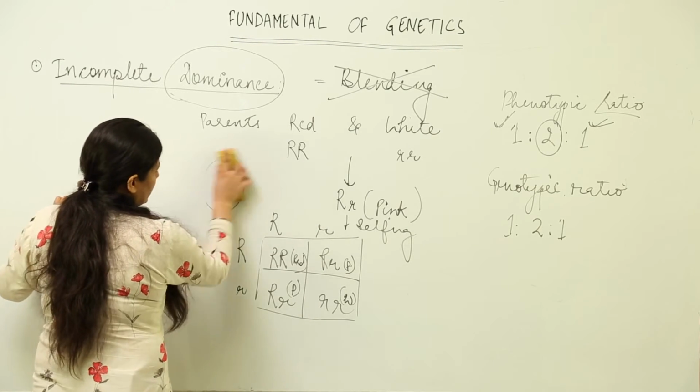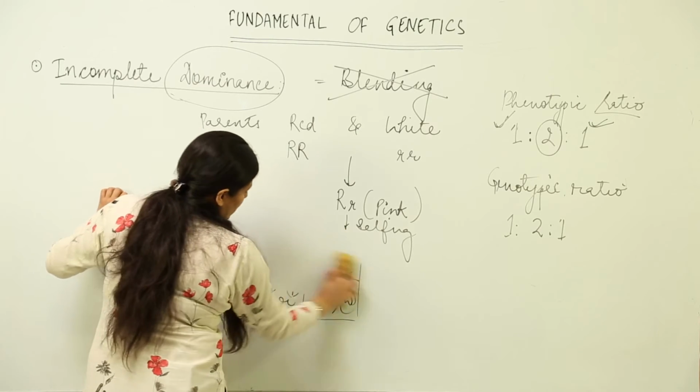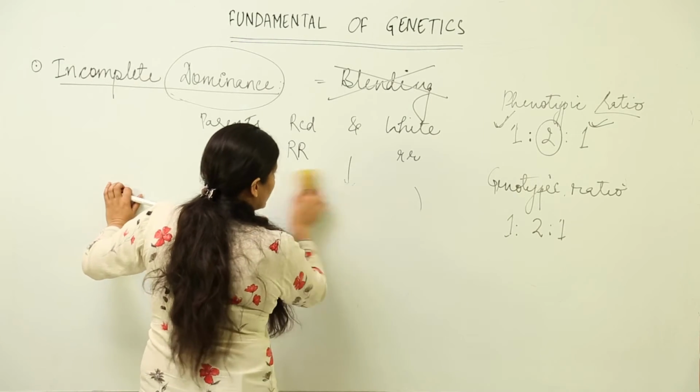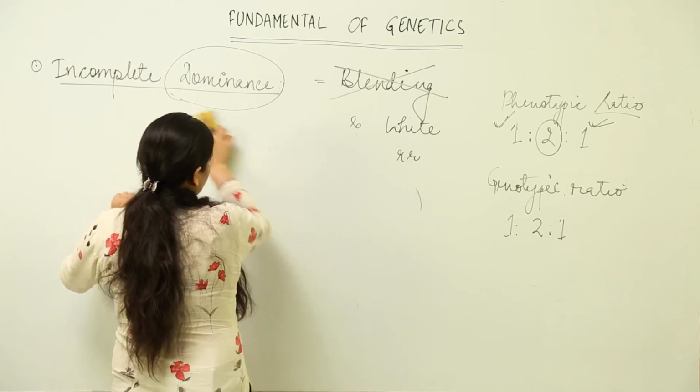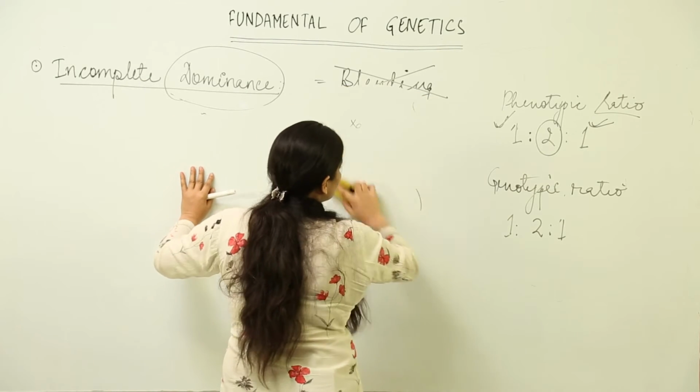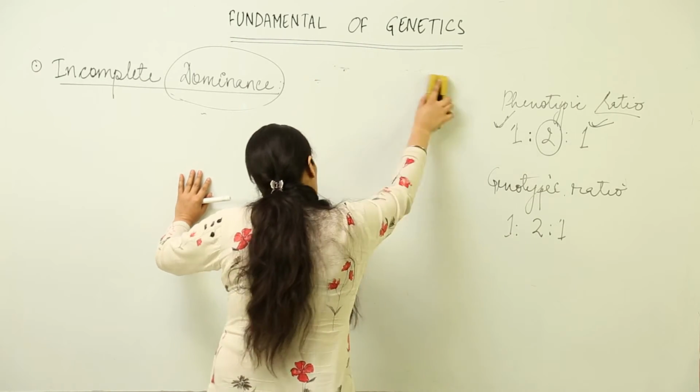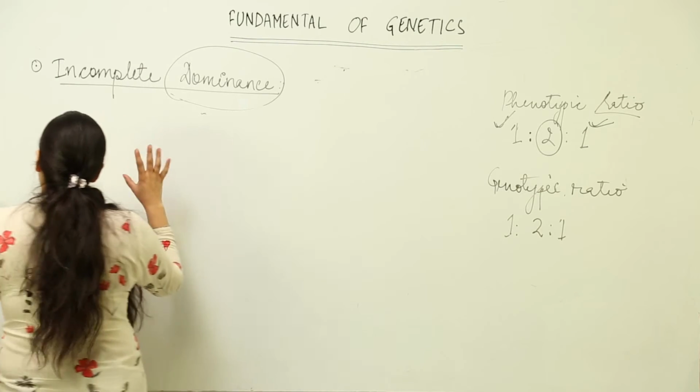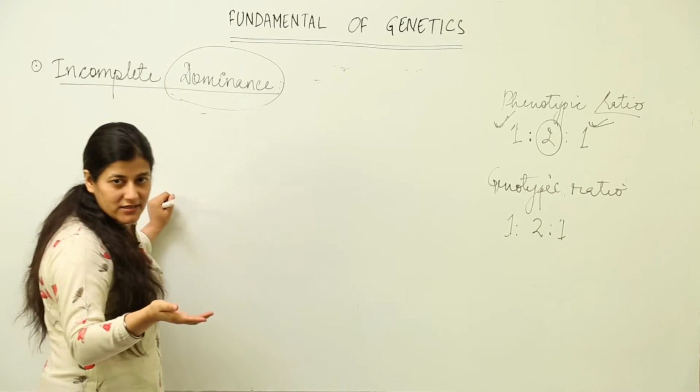Now what you have to keep in mind is how this phenotypic ratio arrives. Why is this arrangement possible, that though there isn't any blending, the dominance is not as expected?